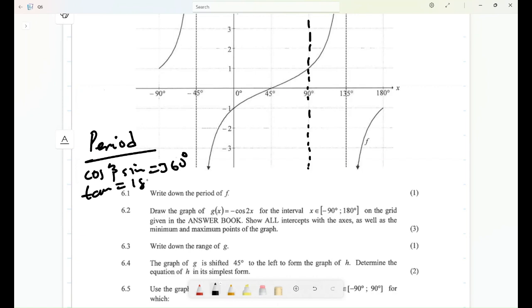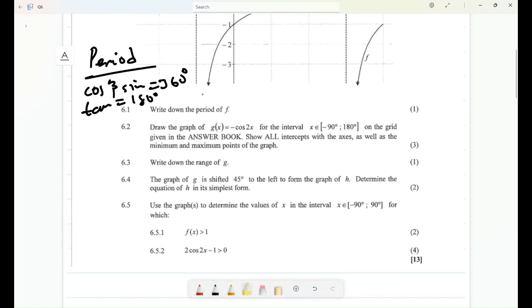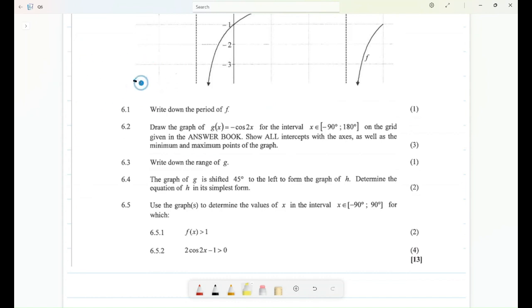But tan, it is how much? 180. Even if they ended it here, let's say on the 90 part, for the fact that it is a tan graph, it is still going to have a period of 180. That one is a very straight one mark that the examiner tried to boost you with.